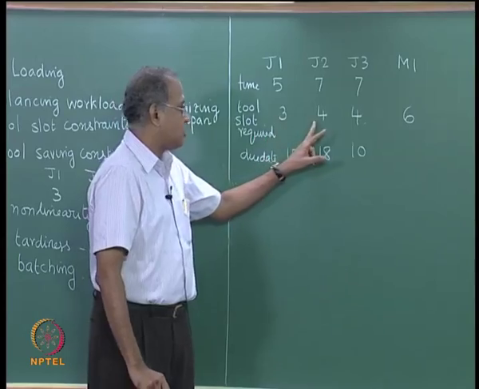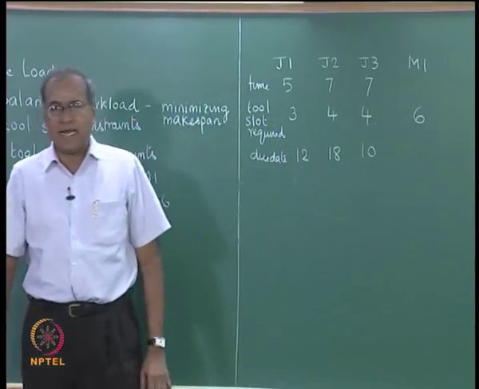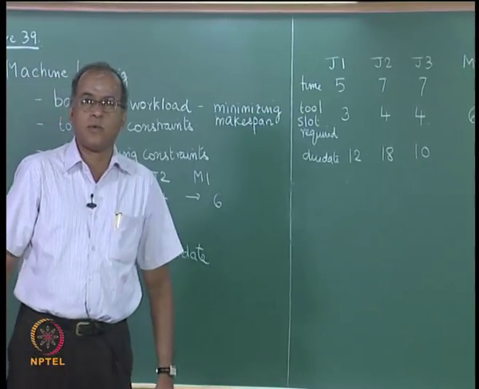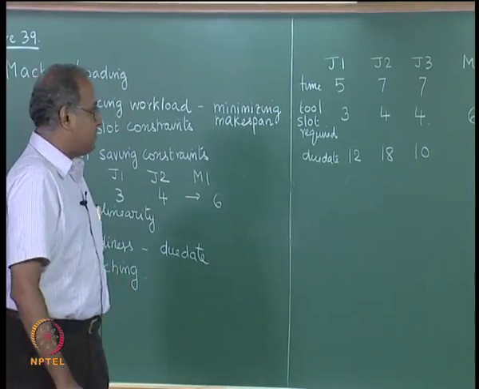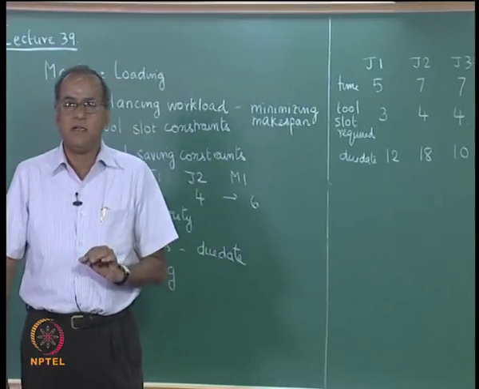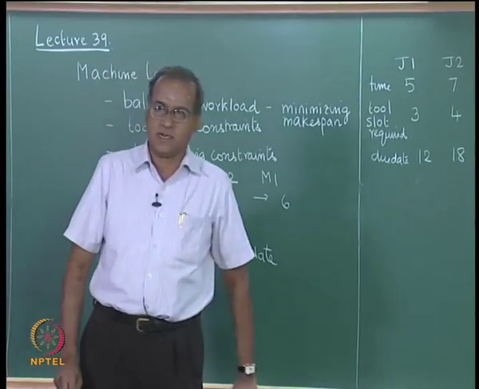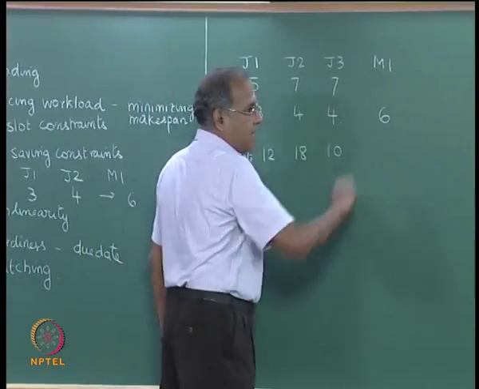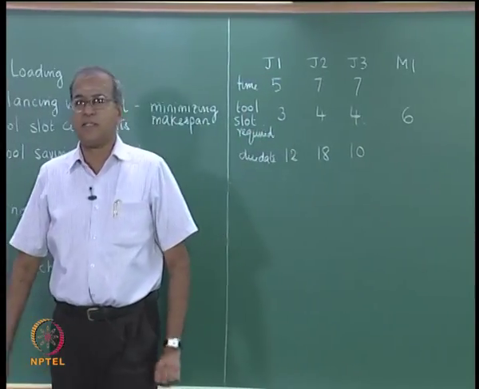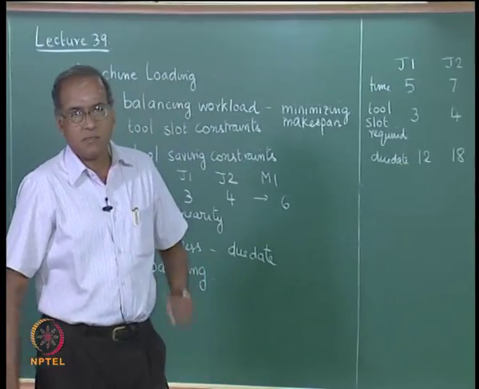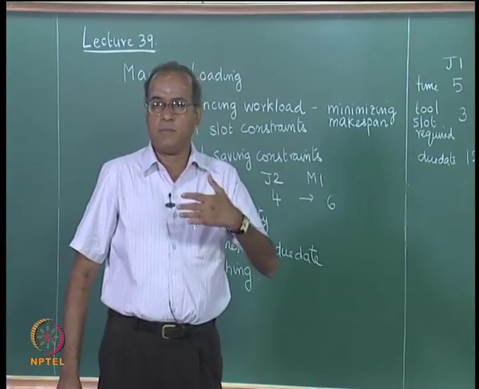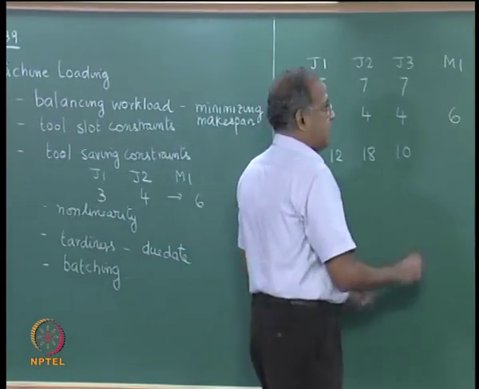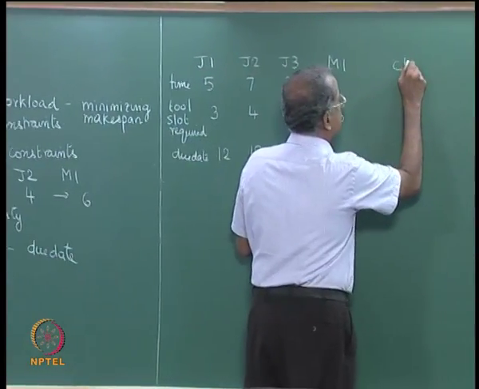Similarly, if we assign 2 and 3, the requirement is 8 against a capacity of 6, and for 1 and 3 also the requirement is 7. So, at present we are not considering tool slot saving constraints. So, we will be able to do only one job at a time, and we need 3 batches, each batch having one particular job. Now, we have also said that changeover is 3 time units.